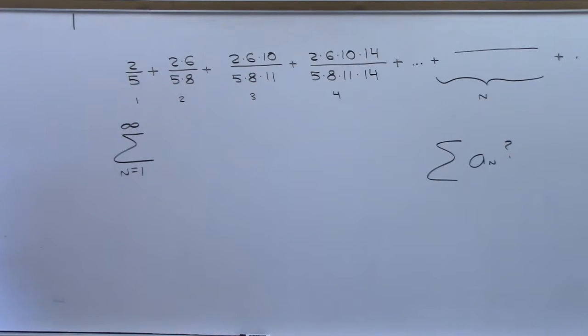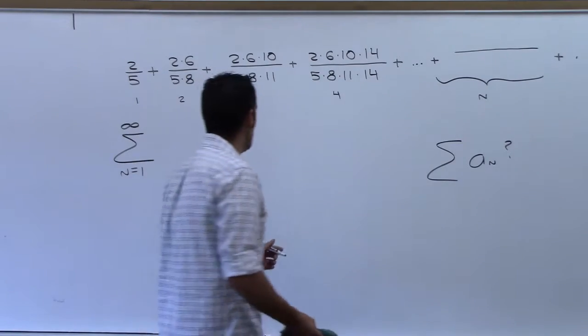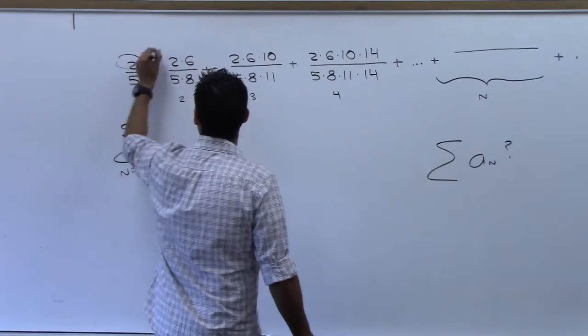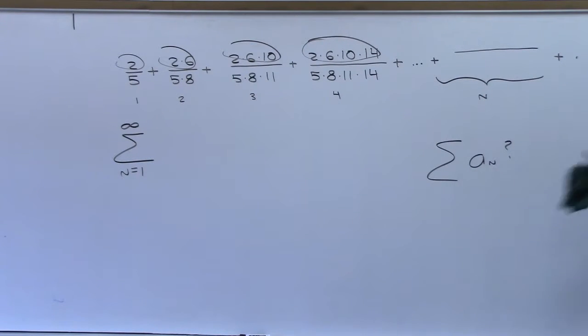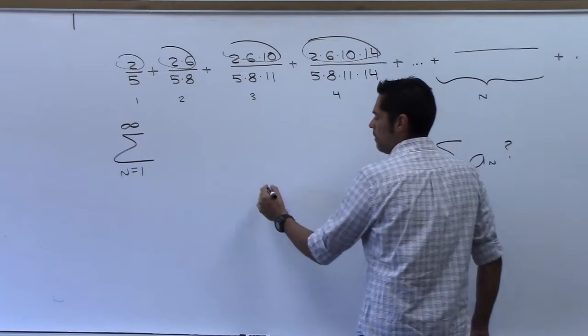Really trying to see how I can get you to see this. Let's try and take it a little slower. Can you just create this? Can you just create that? Forget the bottom for now. 2.